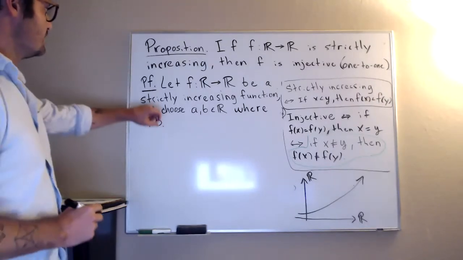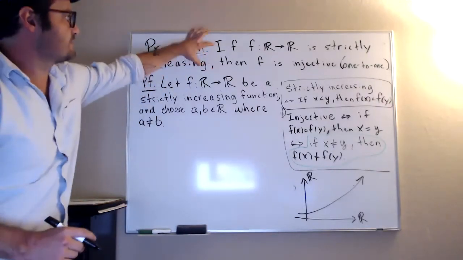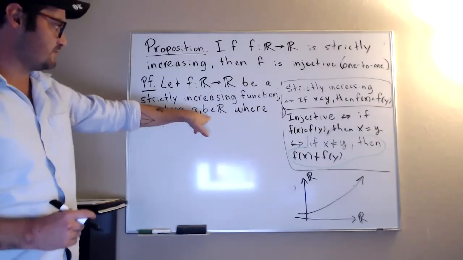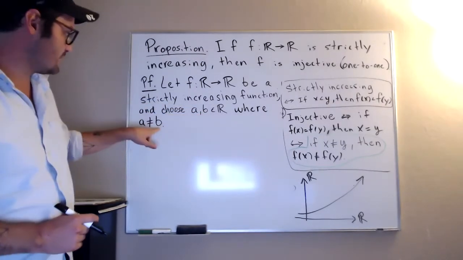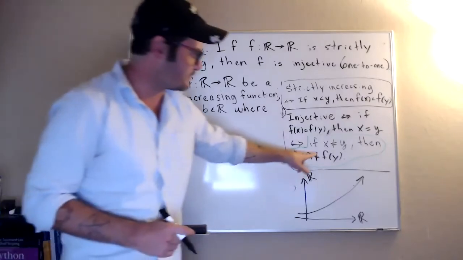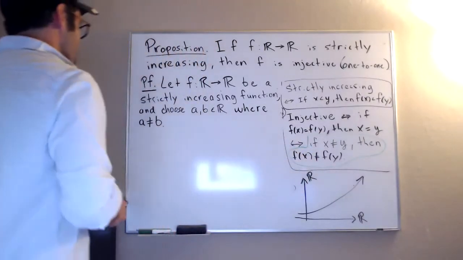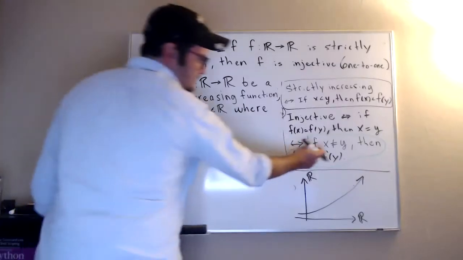And so we've made our hypothesis, we've assumed that, and then because of our scratch work, we knew that we were going to need A and B where they didn't equal each other, because we want to eventually show that it has to be the case that this happens. So A and B don't equal each other, so we're right there.